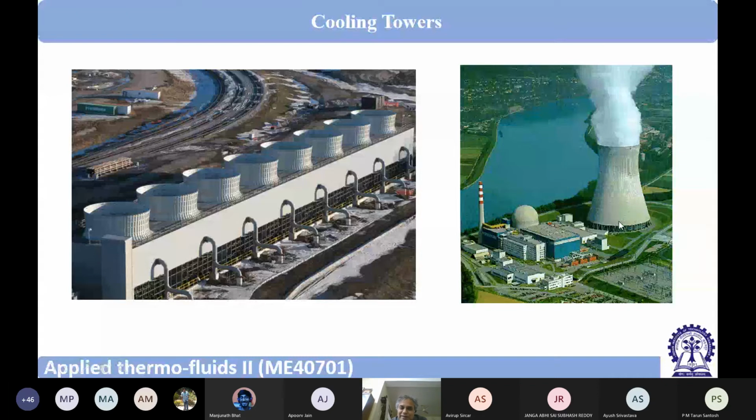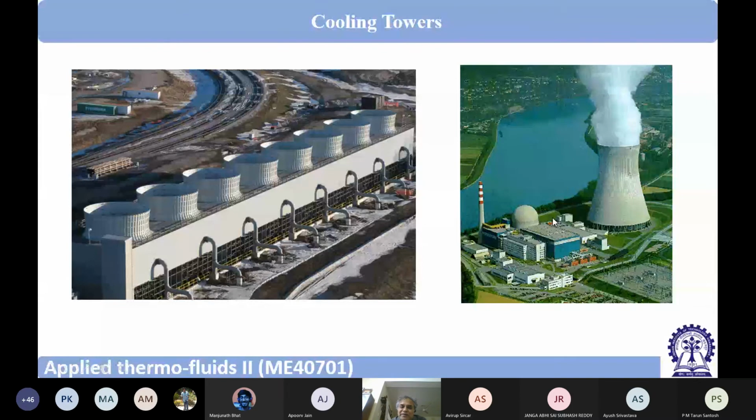The reason is that a natural draft cooling tower does not need a fan. That means if there is any kind of failure, electricity failure, etc., then also this natural draft cooling tower will work as long as hot water reaches it. Nuclear reactors are always, people talk a lot about reliability.